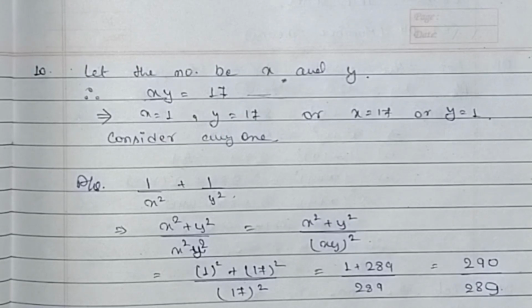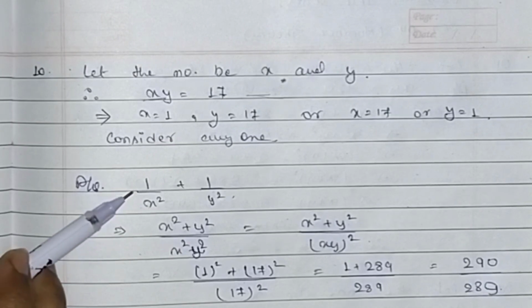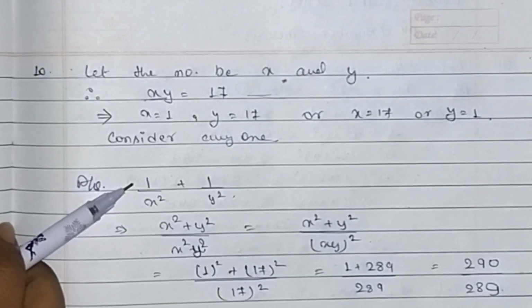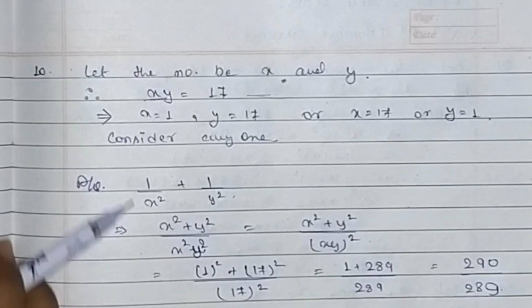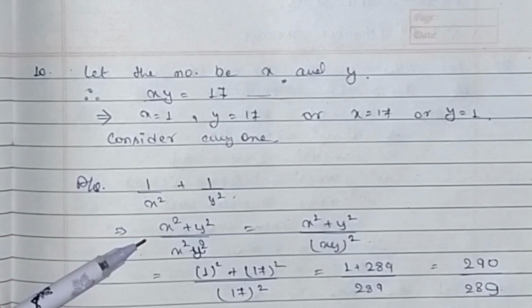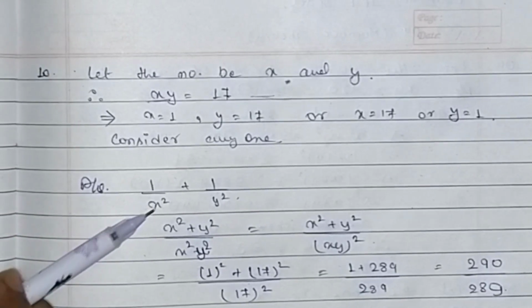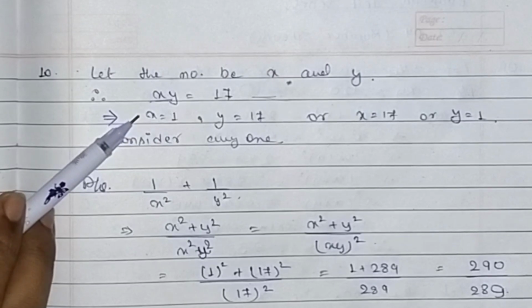So basically we have to find 1 by x square plus 1 by y square. To find the sum of their reciprocals and their squares, we already have the values of x and y.